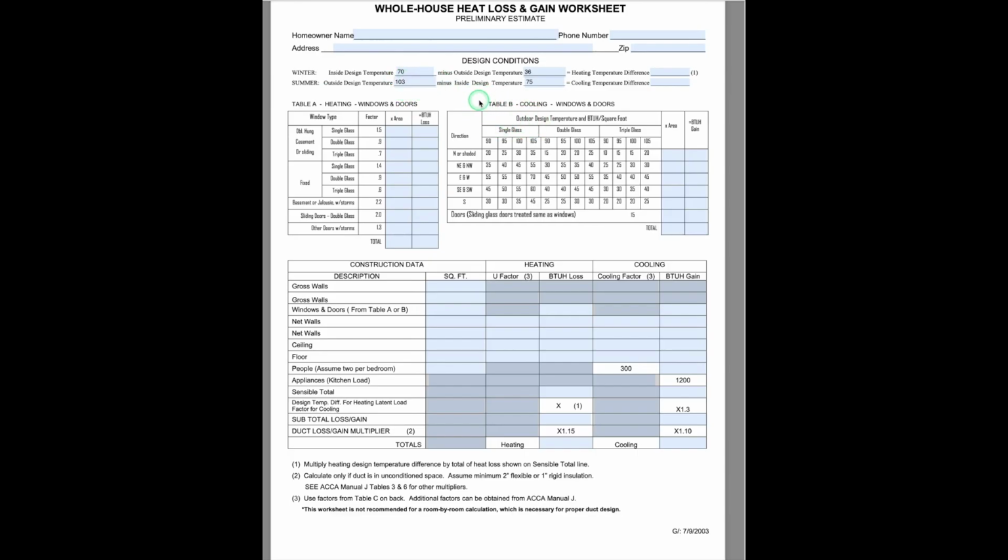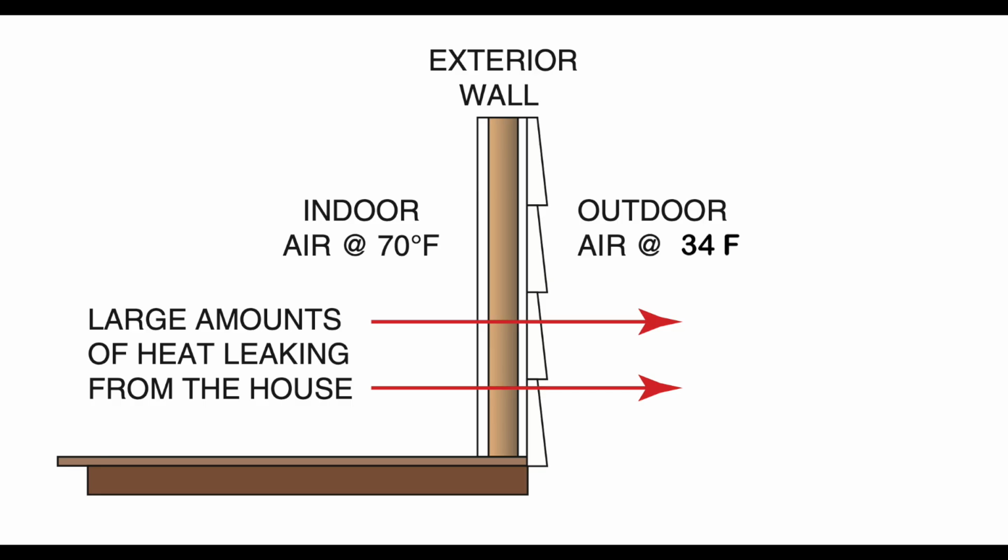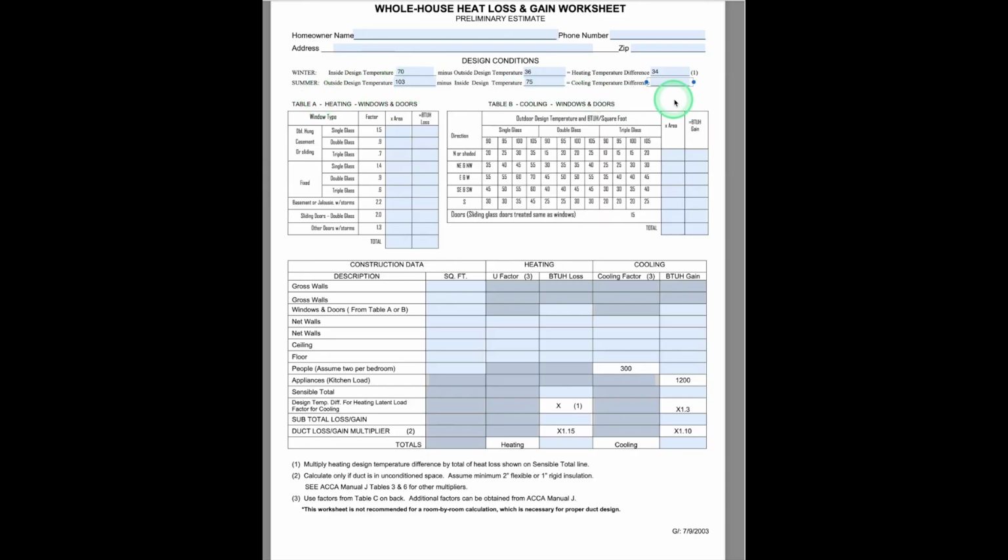So if you work the math, this is where you're going to get your answers from. So you go 70 degrees minus 36 degrees, you get 34 degree temperature difference. So the heating temperature difference in the wintertime is 34 degrees. What about the summertime? What is the temperature difference in the summertime?